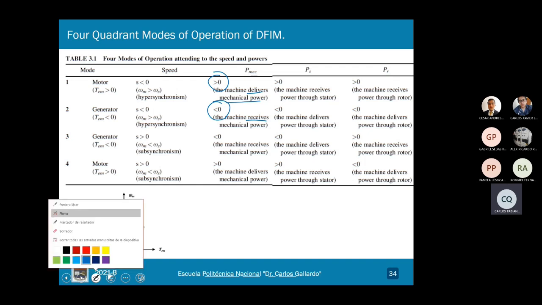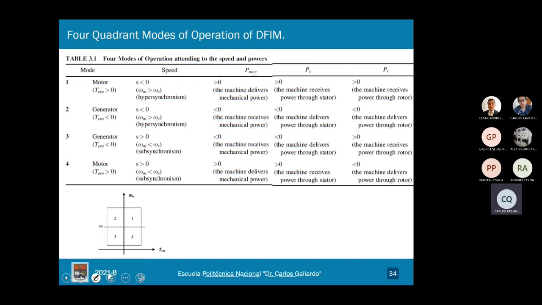What about the stator active power? If the power is bigger than 0, the machine is receiving power through the stator. And for the rotor, it is the same. If the active power is bigger than 0, the machine is receiving power through the rotor.